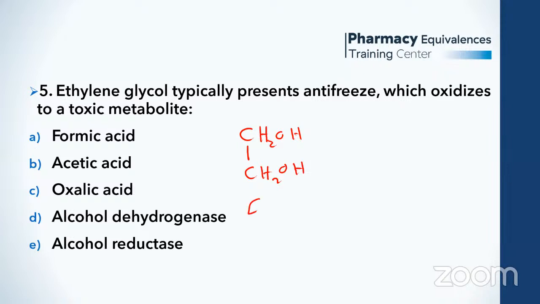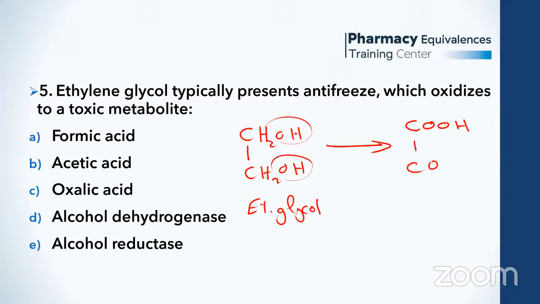So its oxidation leads to what? Oxidation of both OH groups, which are primary alcohols. Both are primary. The final result will be carboxylic acid, so it will be COOH and COOH. What is this formula? This is the formula of oxalic acid. So the final result of oxidation of ethylene glycol is oxalic acid.